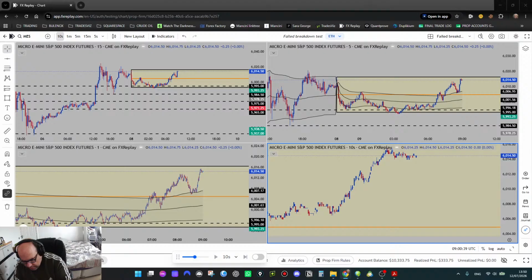We stayed in the game, and both TP1, which was the DVA high slash previous VWAP, and TP2, which was the previous DVA high, were hit. Trade successful.